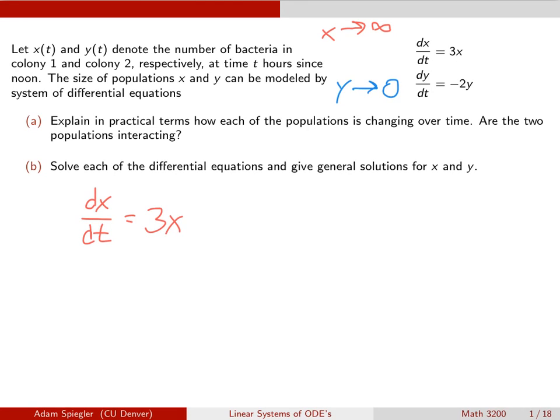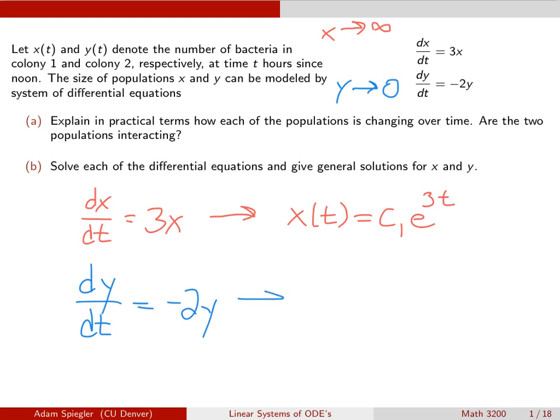That we could solve by separating, for example, but we could check pretty quickly that that solution is going to be some constant c1 times e^(3t). And similarly, solving for y, dy/dt is equal to minus 2y. For that one, if we separated and solved, we would get that y is some constant, maybe call it c2, times e^(-2t).